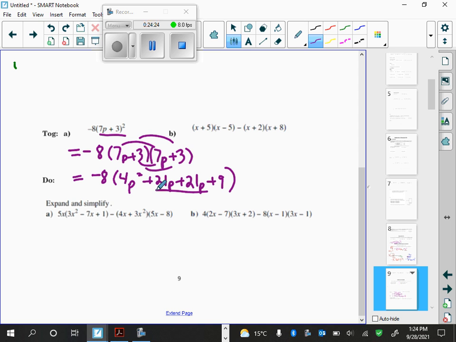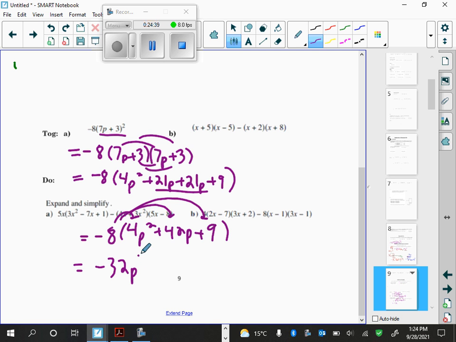Collect like terms: 49p squared plus 42p plus 9. And then multiply everything by negative 8. Negative 32p squared, subtract 336p, subtract 72.